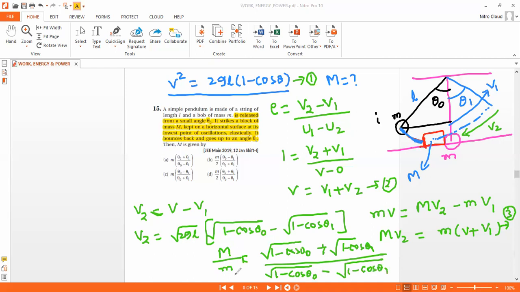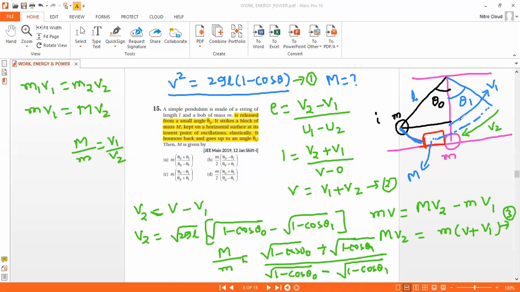How I am writing this: I can write m1 v1 is equal to m2 v2, that is small m into v1 equal to capital M into v2. So capital M by small m is equal to v1 by v2.